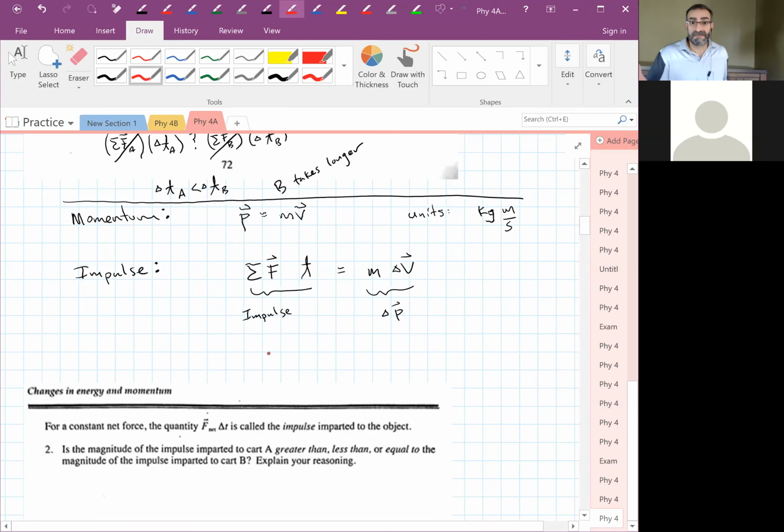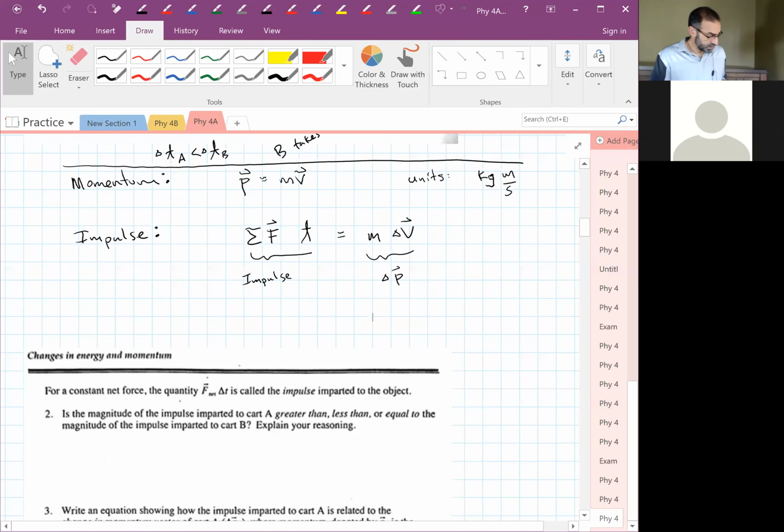So the direction comes from the net force. Where does momentum get its direction from? Velocity. Mass is a scalar. And so delta P gets its direction from delta V. So you're starting to link things together. What is going to give delta V its direction? The net force, right? Net force is going to tell us the direction of the momentum change or the change in velocity.